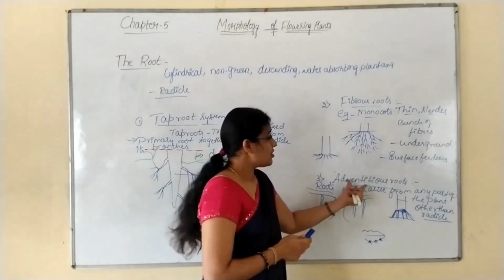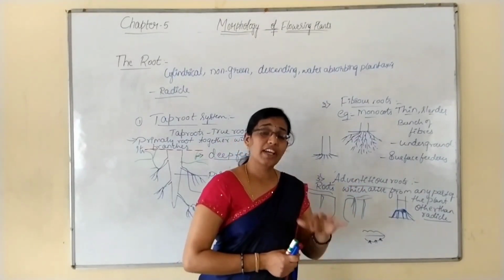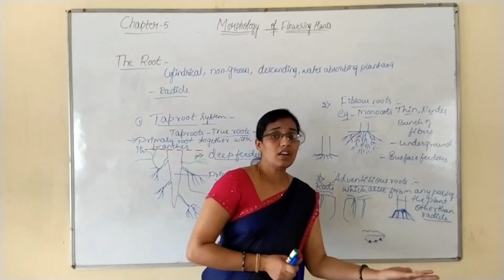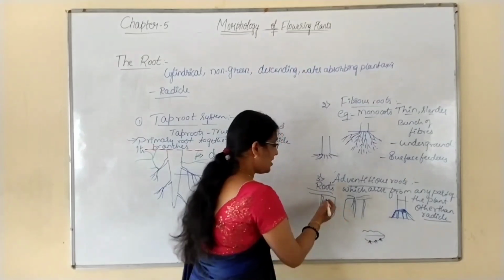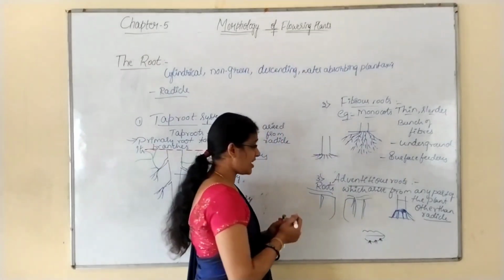Not like that. Adventitious roots can be seen both in monocots as well as dicots.